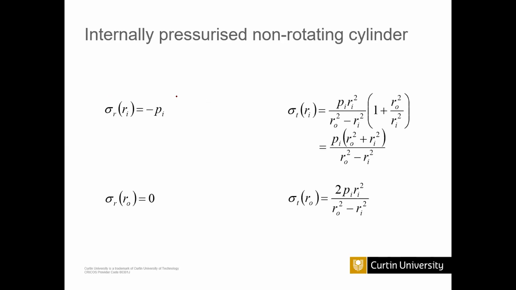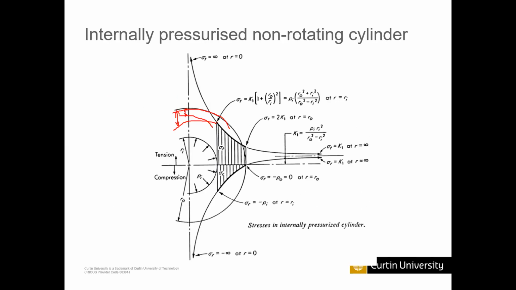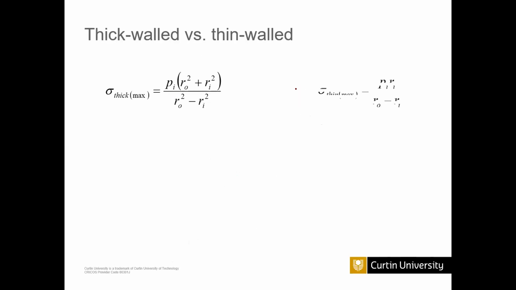I want to show you here, the maximum stress belongs to sigma t, not the radial stress. So the tangential stress will be maximum at the inner surface in this case. So we will consider this one, this equation. Then for thin wall, this equation will be simplified until this point. I will tell how it happens.